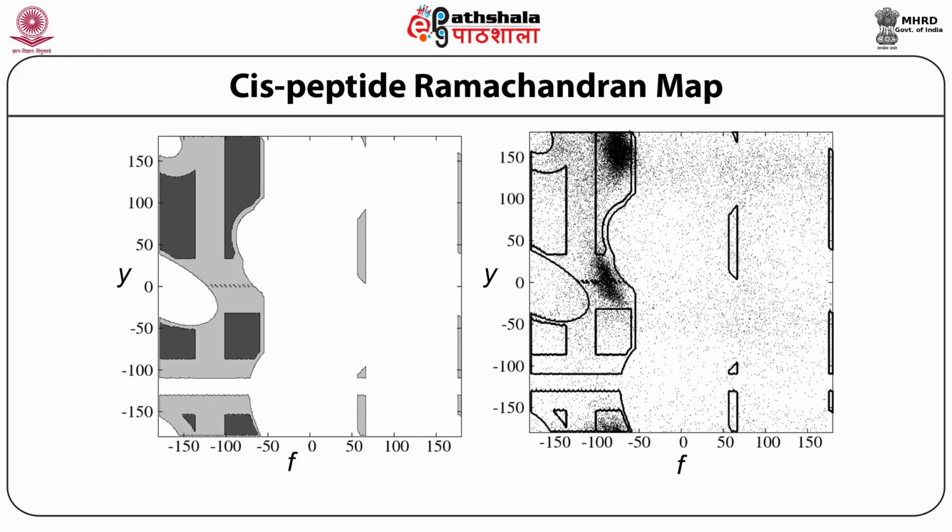So the current status of the situation is this. The Ramachandran map, as I show around here, has become a standard tool for experimental structure determination people to find out whether whatever they have done is correct or not. So whenever a structure is determined, you find out all the phi-psi pairs, superimpose them on the Ramachandran map, and look at how many of them are in the allowed region and how many are not. For those which are not in an allowed region, you go back to your structure and see whether you have correctly modeled it.